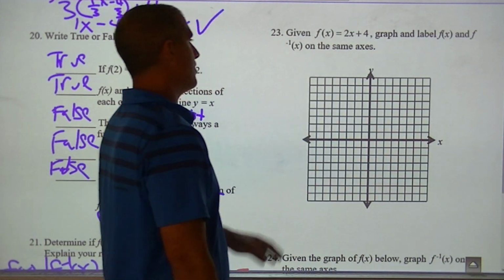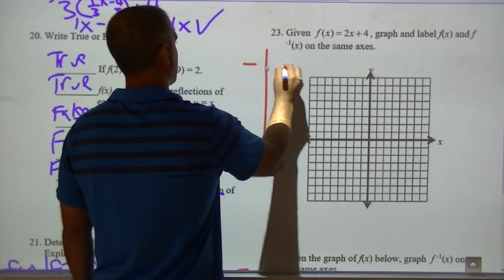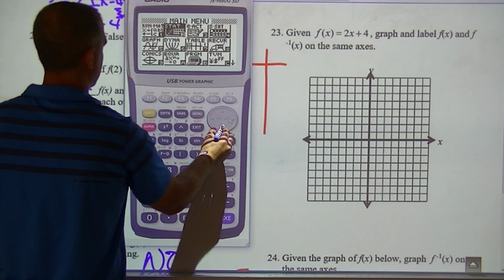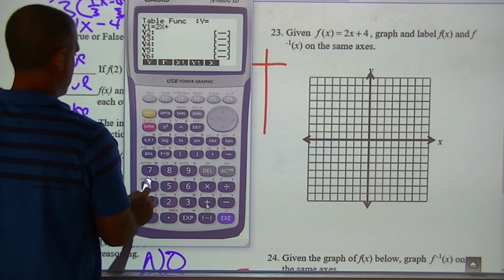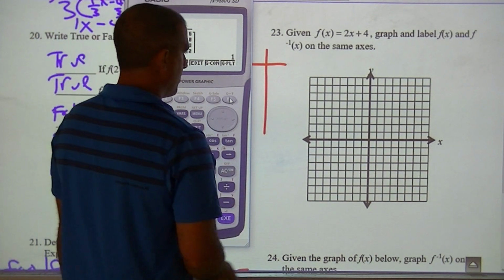Graph this, label them on the same axis. What I would do, pretty simple, is I use a table. I would put 2x plus 4. You can plot whatever points you want.